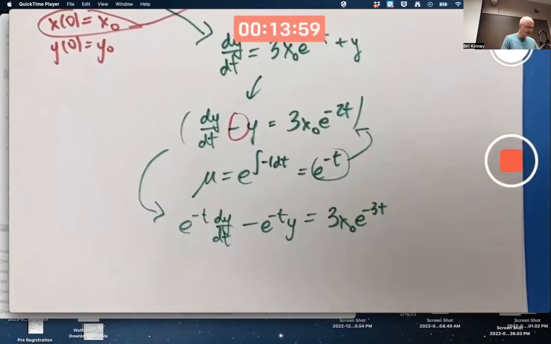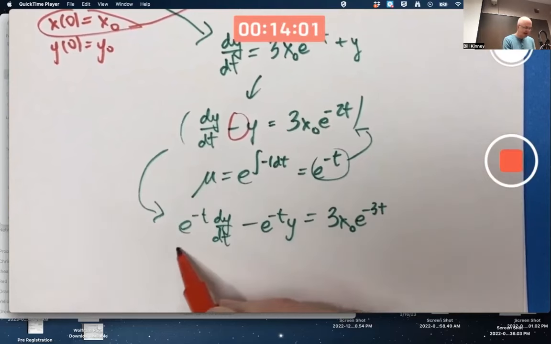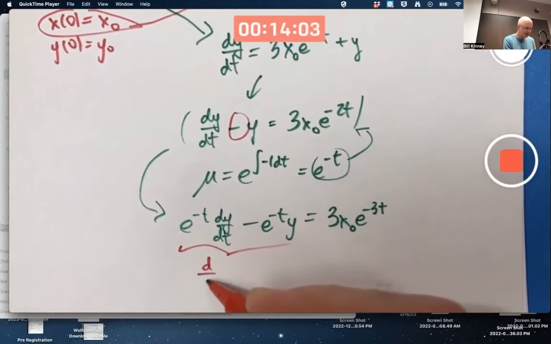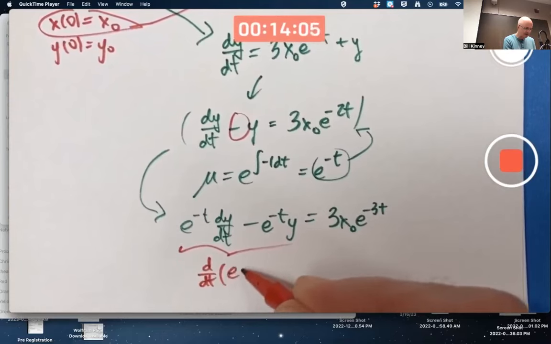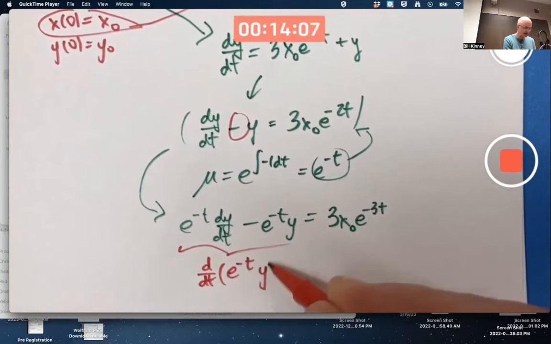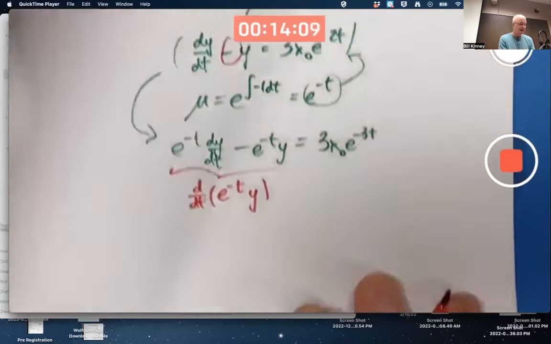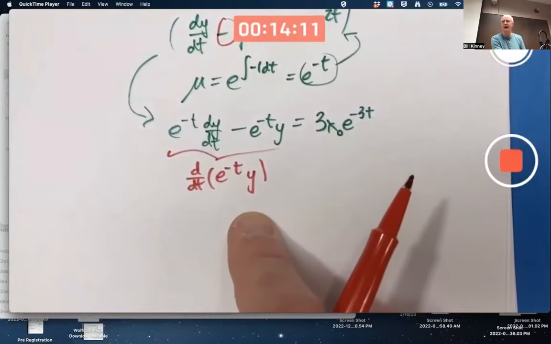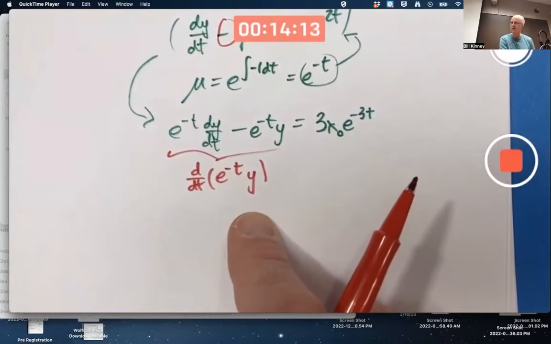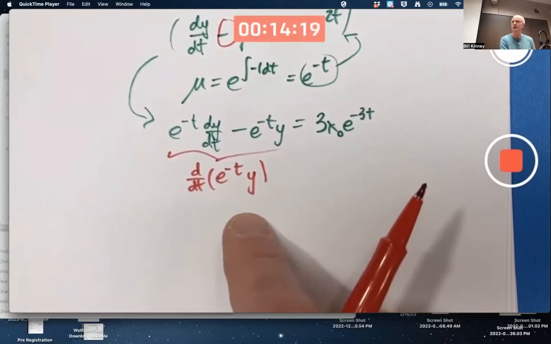And yeah, the magic of integrating factors is that this thing on the left is the derivative with respect to t of a product, the integrating factor times the unknown function y. And yes, as always, it's traditional not to write y of t here, but in your mind, you should realize y is a function of t. This is the product of two functions of t here.